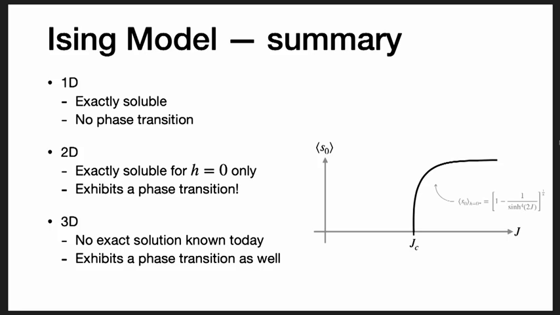Sorry, can one produce, even in the 3D case or in the 2D case with the field that one cannot solve exactly, are there good numerical ways? Of course, yeah. There's Monte Carlo simulations of this. And that's one way that we know, apart from rigorous mathematical results that establish that there's a phase transition.